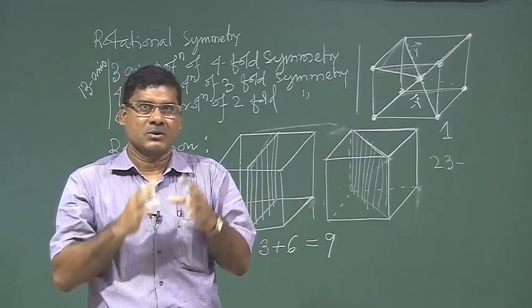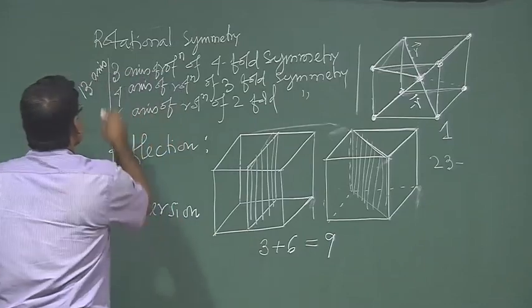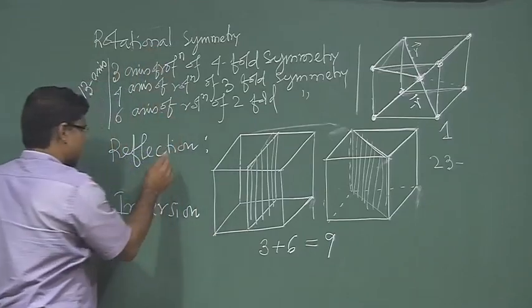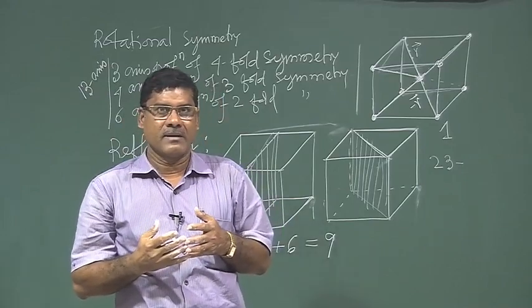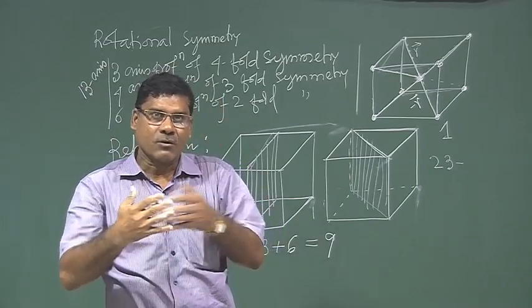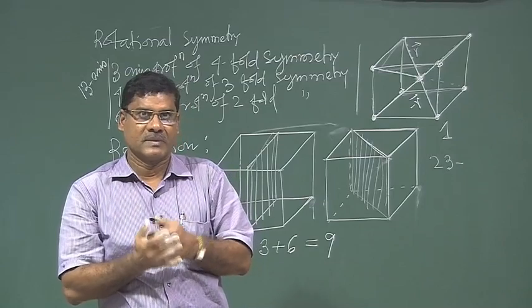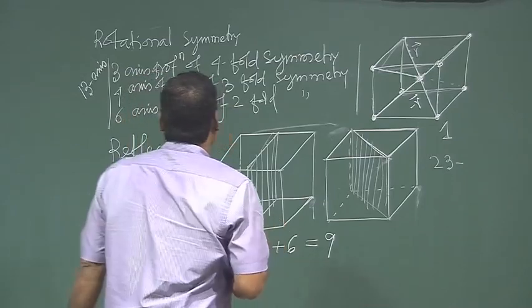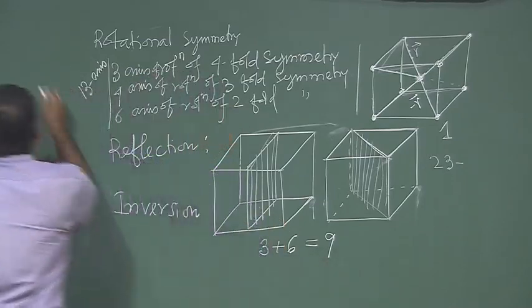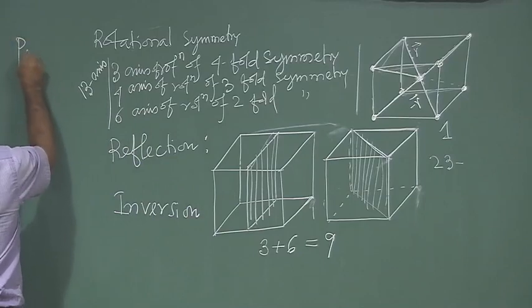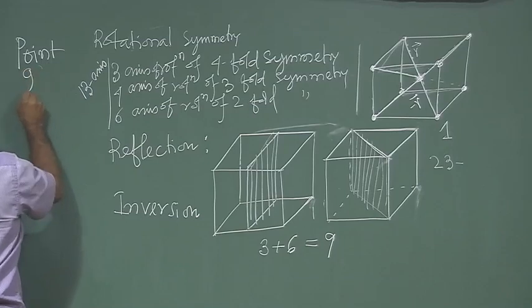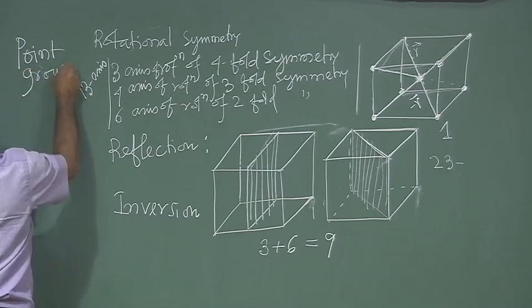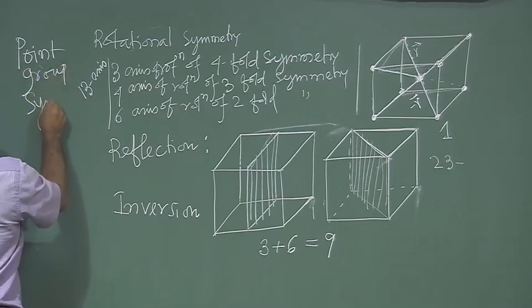So, these three together, rotational, reflection and inversion symmetry, and their combinations, are called point group symmetry of the crystal.